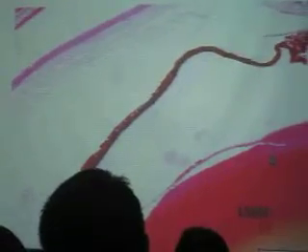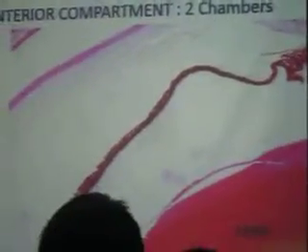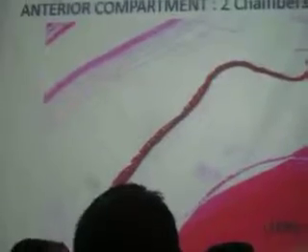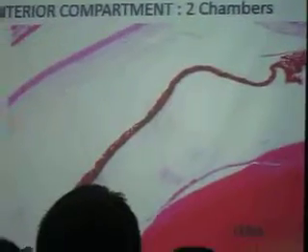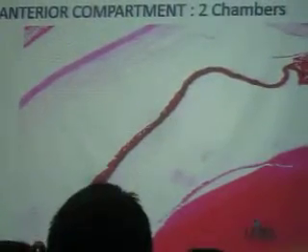This is another slide. One thing you have to remember in the slide is that if you see this dense red thing on one side of the eyeball, that is the lens, because most often we cannot have the whole eyeball in the field. So the reference point is the lens.